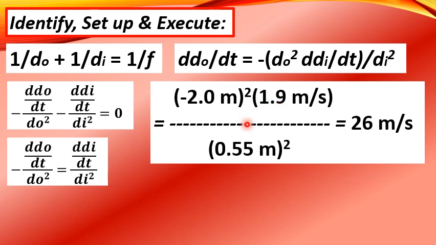So if you do your math, we will get the value of the derivative of dO over dt equal to 26 meters per second.